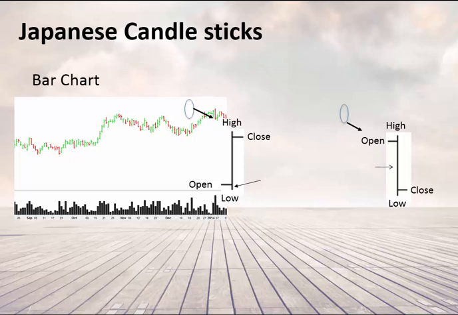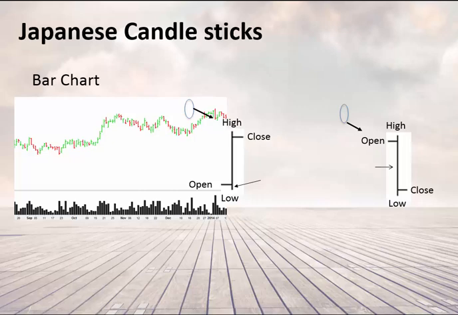So having a look at the bar chart here, we can see that there's different information that has been provided on the chart. Each bar has an open, a high, a low and a close. The range of the price throughout the day is presented by the vertical bar, and the open is represented by a small notch or horizontal line on the left hand side of the actual range of the bar itself.